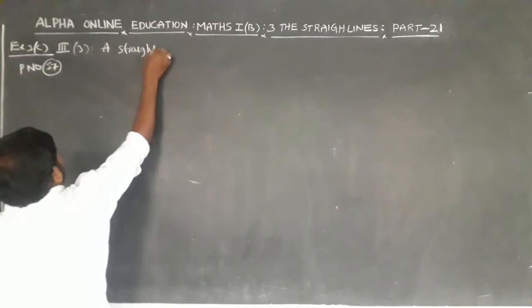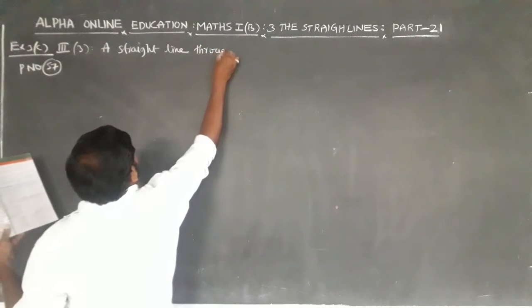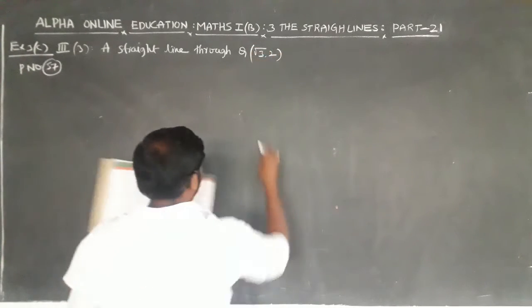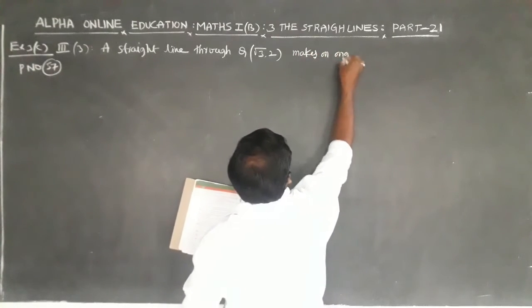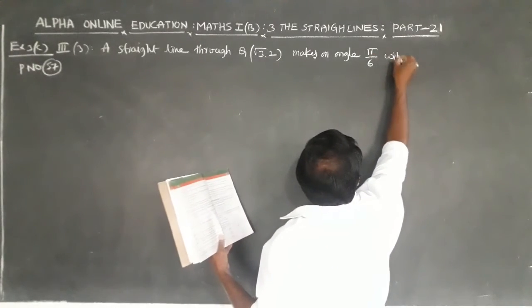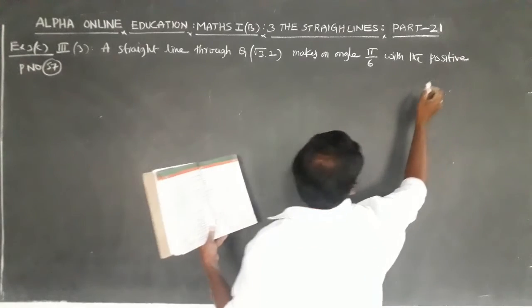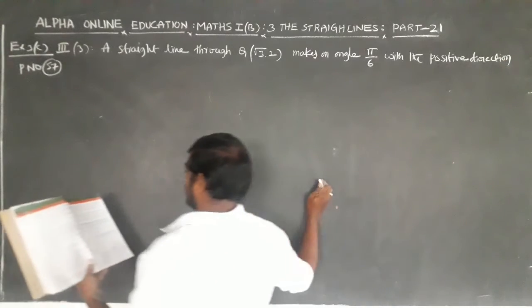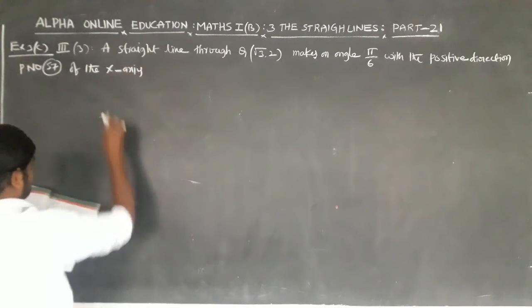A straight line through Q(√3, 2) makes an angle π/6 with the positive direction of the x-axis.